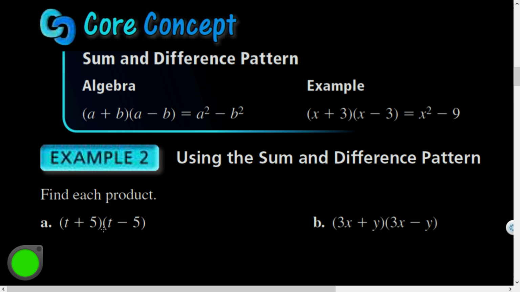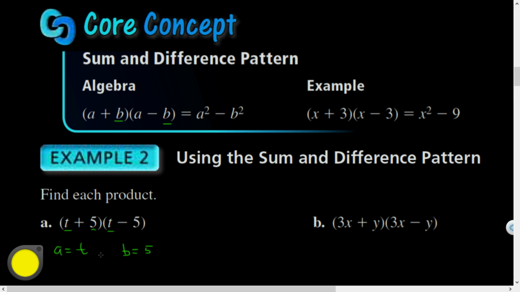So since it matches this pattern, what would you have called the A? Representing A is T. And B, well, because these are plus or minus, I'll just look at the number and I'll just take the 5. You could call it negative 5. The pattern will still work. It's just you'll have to do a little bit of extra thinking.